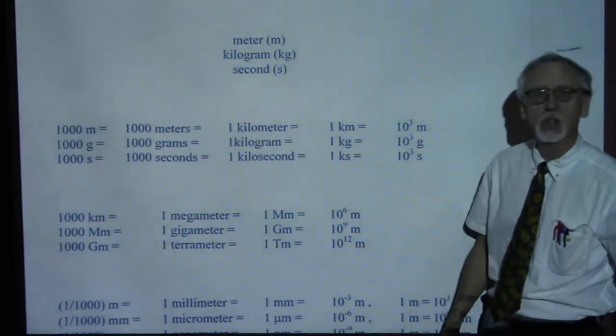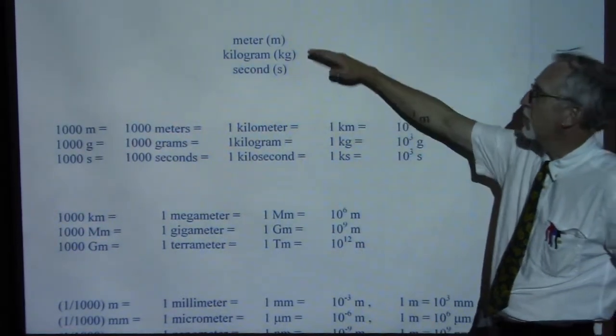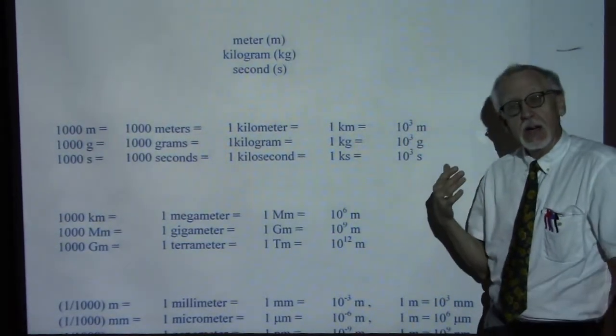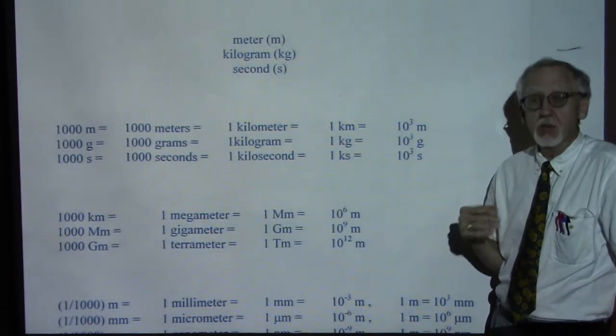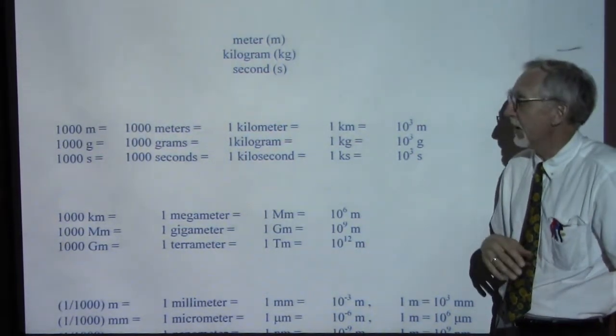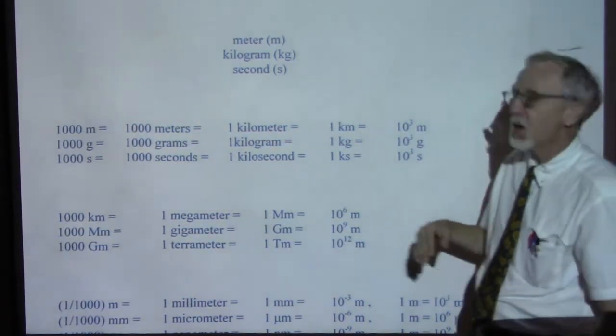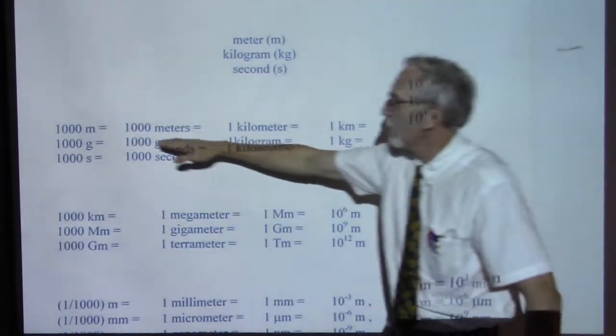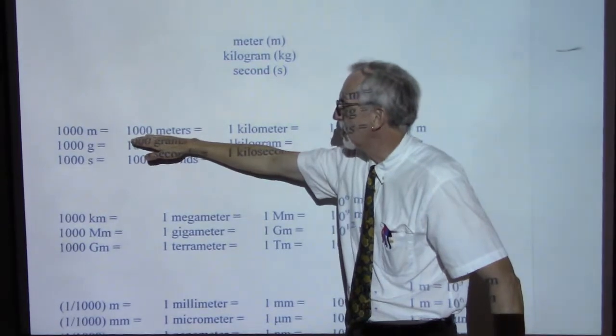Okay, here we go. So, our basic units that we'll be using: meters, kilograms, seconds. Now, by putting some prefixes on units, we can make them larger values or smaller values. For example, if we want to talk about a distance that is longer than 1 meter, we want to talk about 1,000 meters.